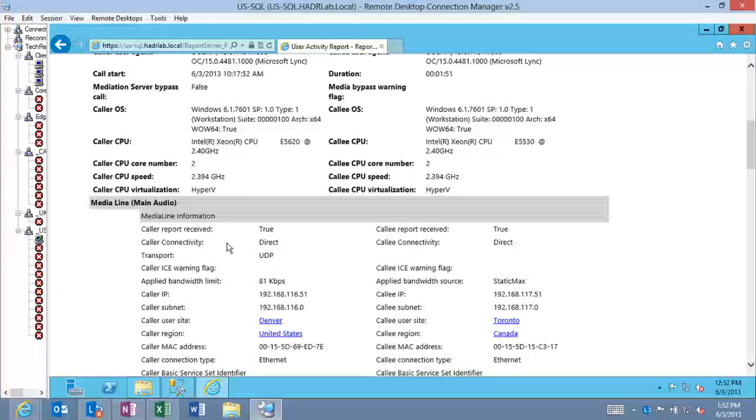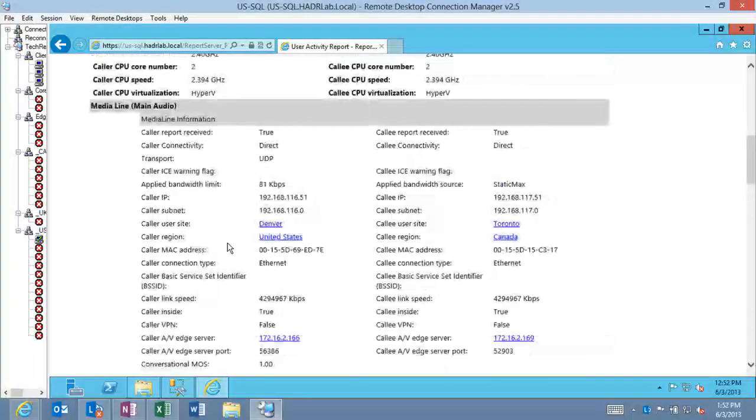But then I can start to drill into all the various information that's collected in the media quality reports for these 2 users. So not only can I see, earlier I could see the machine that they were connected to and what their user agent string is, I can also see the various client IPs. So I can see that this caller was on the 116.0 subnet, and the other caller here was on my 117.0 subnet.